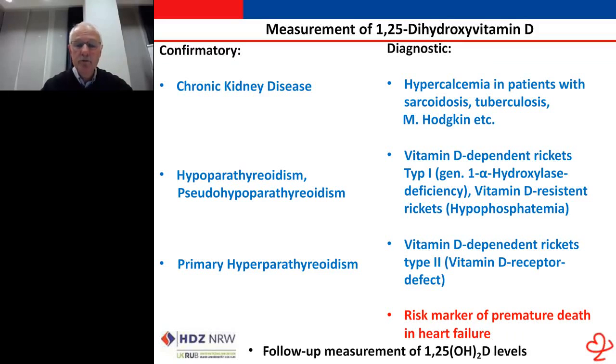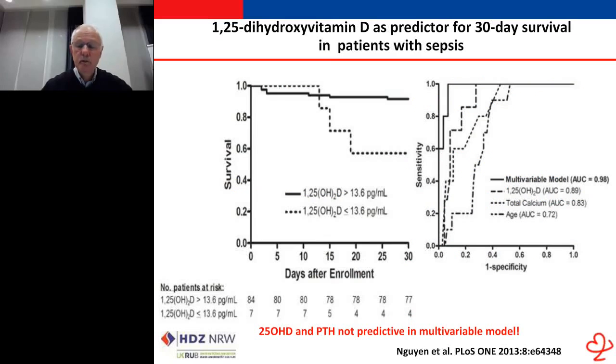And therefore, to my opinion, we can add another aspect. The measurement of 125 dihydroxyvitamin D can also be a risk marker of premature death in heart failure patients. And there is some evidence that probably 125 dihydroxyvitamin D is also predictive for survival in other groups of patients.